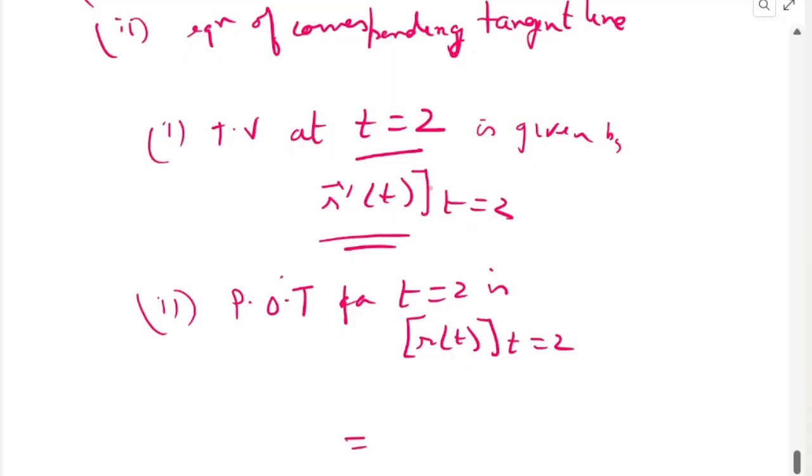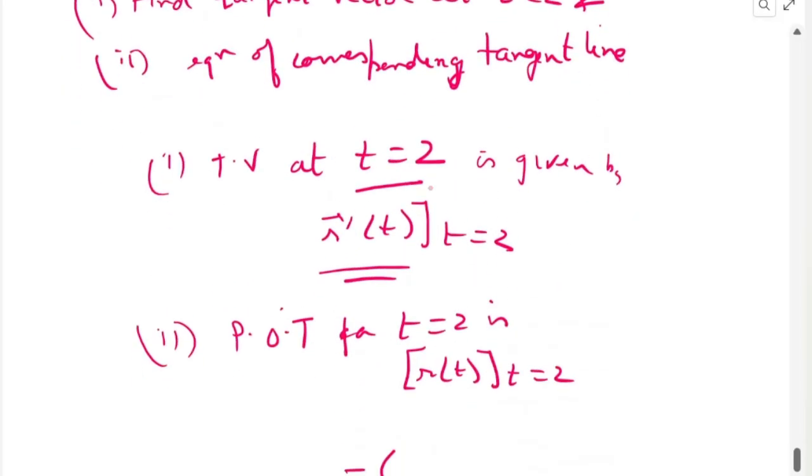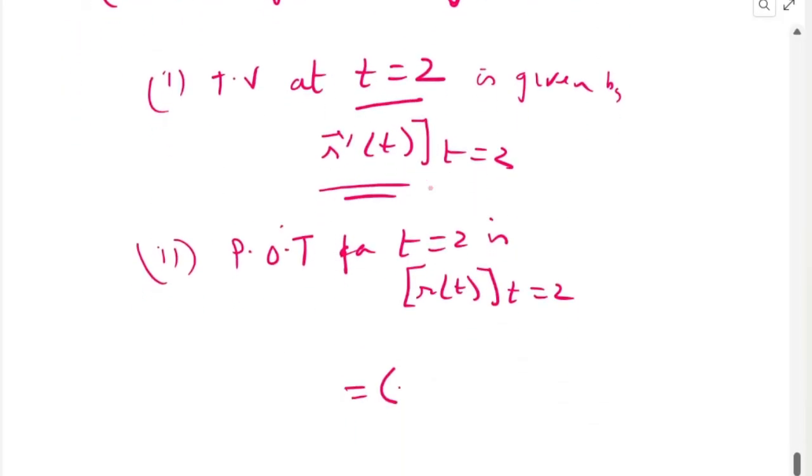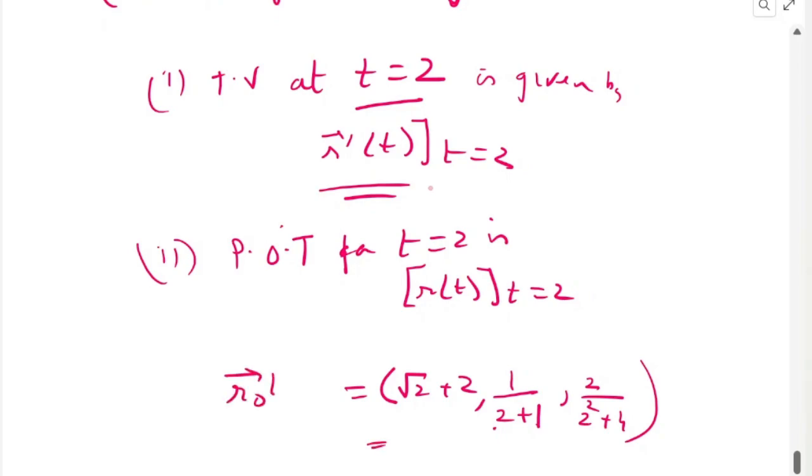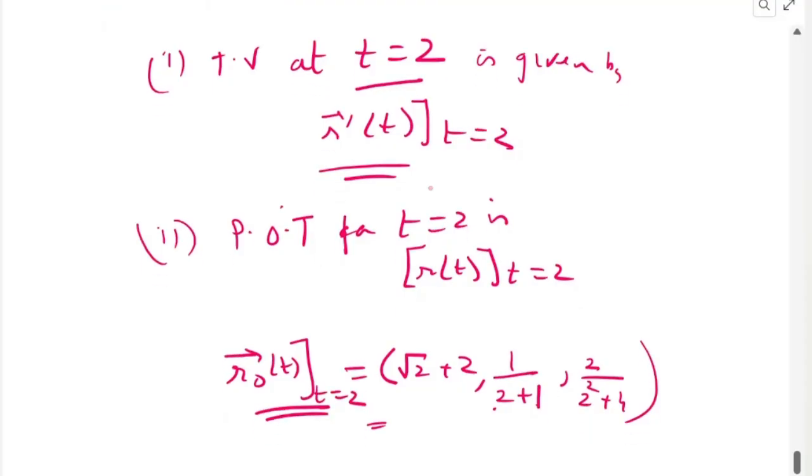Whatever values are given, you just plug t equals 2 here. So root 2 plus 2, comma 1 by t plus 1, so 2 plus 1, comma 2 by t square plus 4. So this is your point of tangency, that means this is your r0 at the point t equals 2. So r0 you have found out.